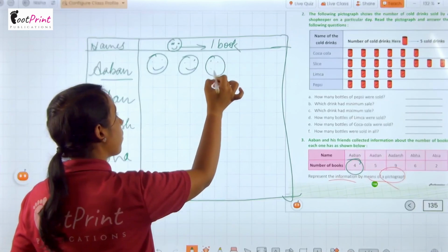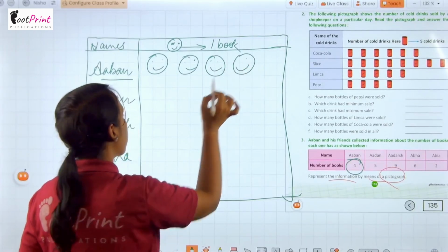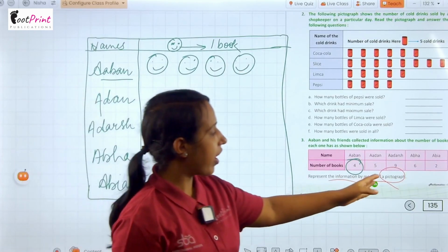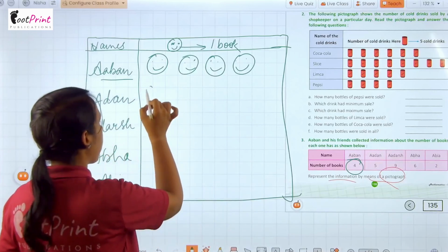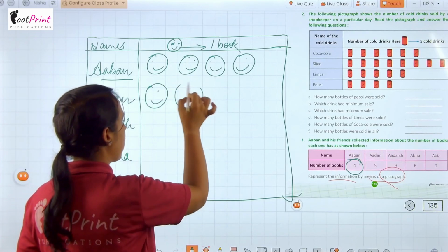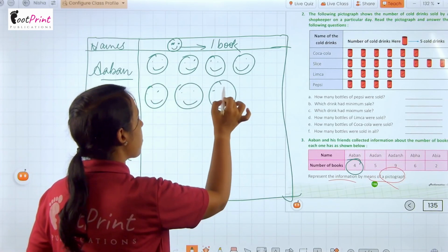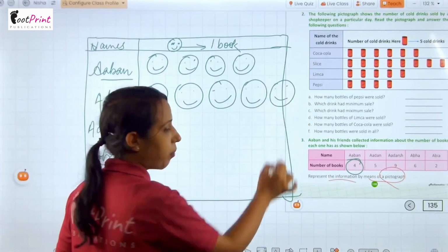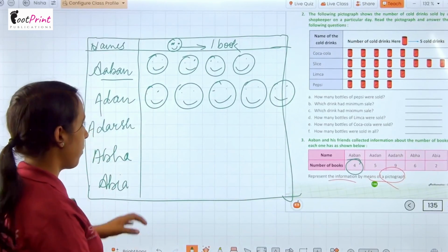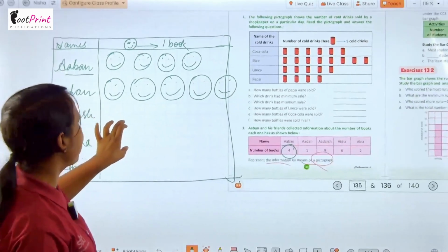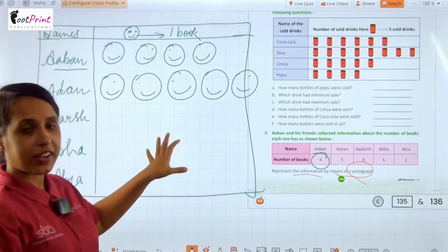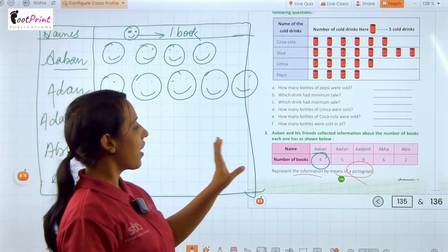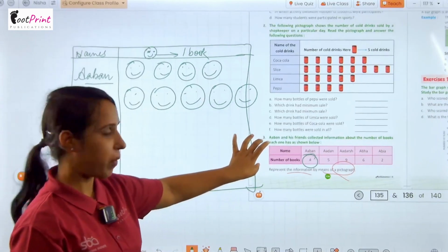Okay, and Adan has 5 books. So we make here 5 smileys. You can use any symbol that you want. Okay, I have used here a smiley. You can use anything. So just like that you can complete the pictograph and make it by yourself.